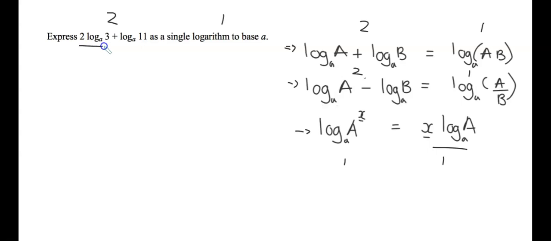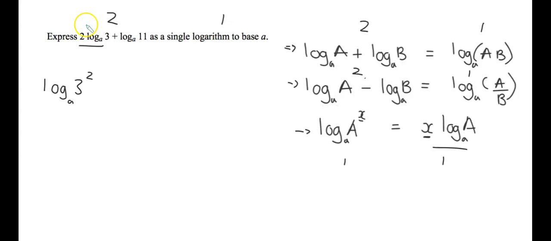So this part here, using the rule down here, can be rewritten as log of 3 squared to base a, because really what this rule down here enables us to do is if there's a number in front of the log, you can then take it to the top, and that's what we're doing here.